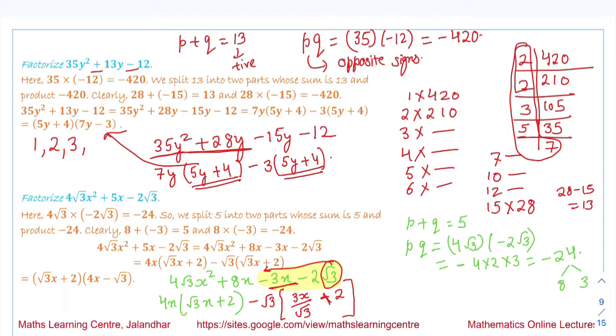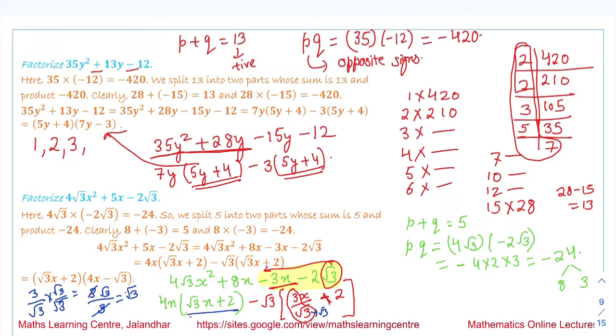Now if we look at 3 over square root 3, you rationalize this term, so you get 3 root 3 over 3. 3 gets cancelled and we are left with square root of 3. So basically this whole term is square root of 3.